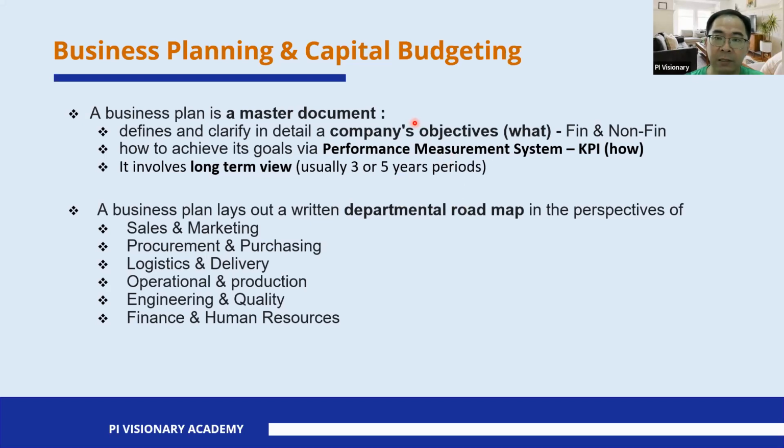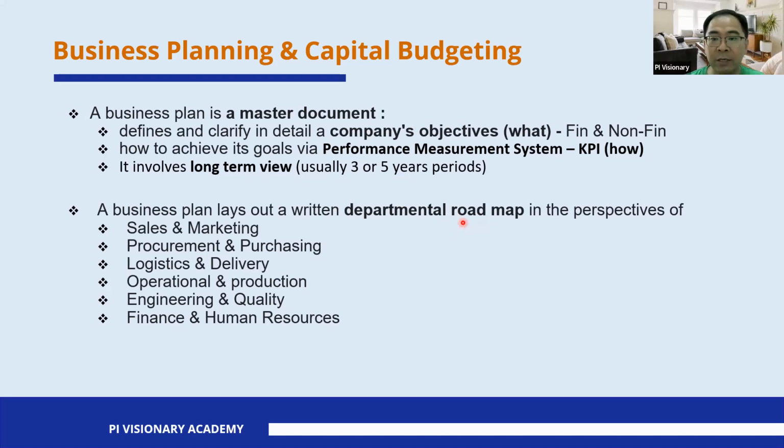If the company says want to grow in the sales, top line, still remember Kuan Yin? Top line, 15% year on year. Secondly, the company wants to grow, improve the bottom line, 10% year on year. So each of the departments must have the same objective.